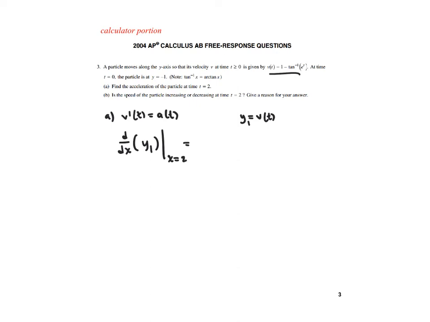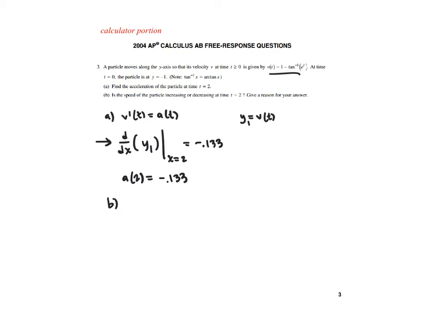There we go. The acceleration at 2, which is what we're calculating right here, the derivative of velocity located at 2, ends up being negative 0.133. So there's our acceleration at time t equals 2.